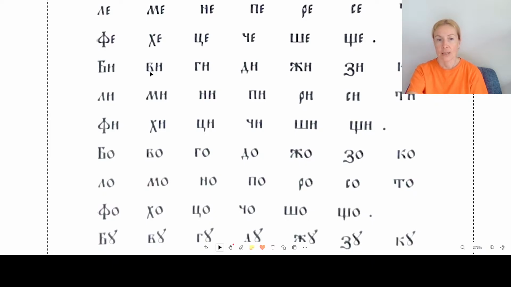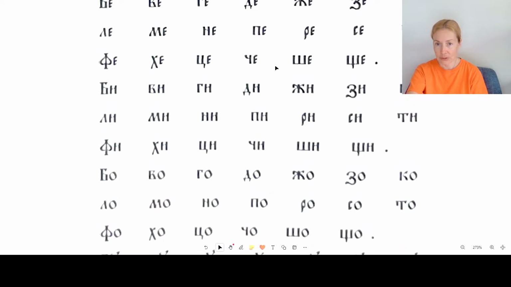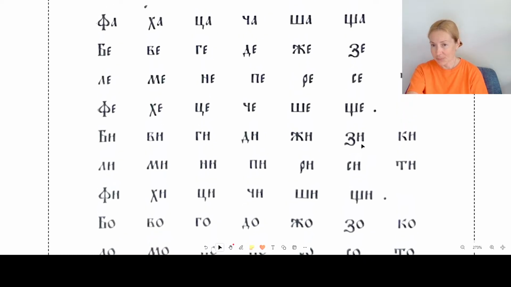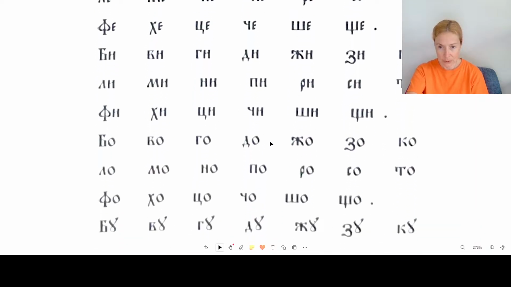Bi, vi, gi, di, zhi, zi, ki, li, mi, ni, pi, ri, si, ti, fi, hi, tsi, chi, shi, shi. That's it.